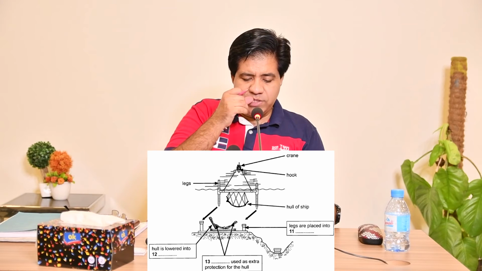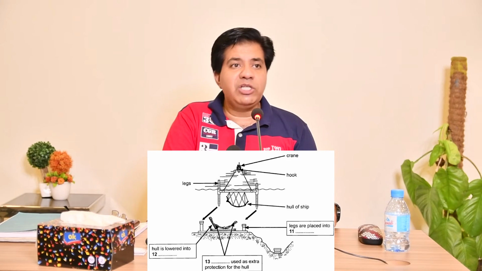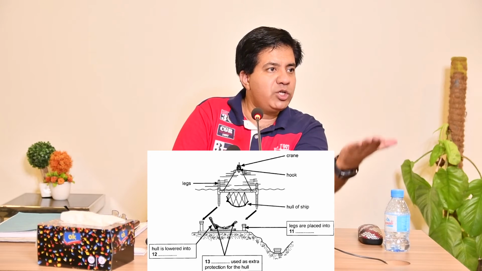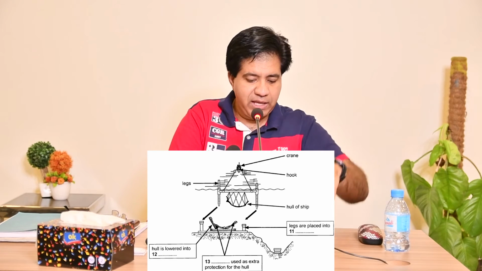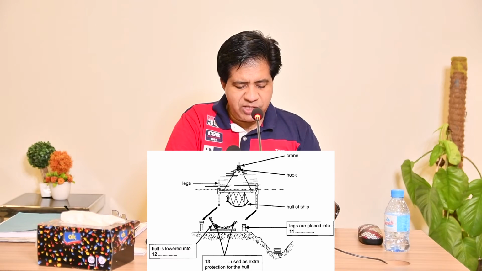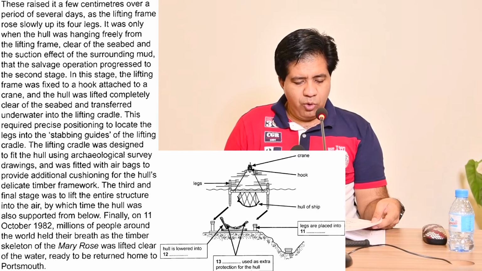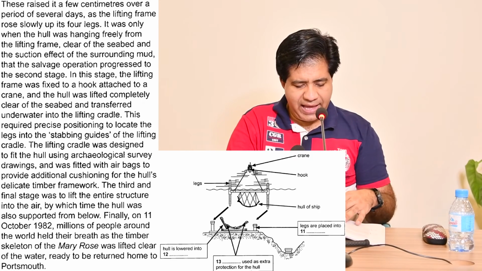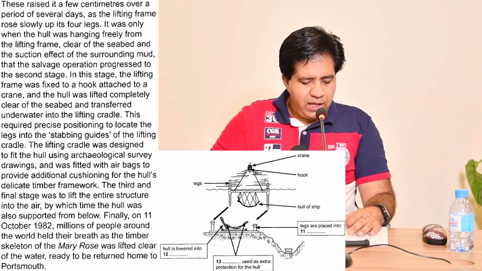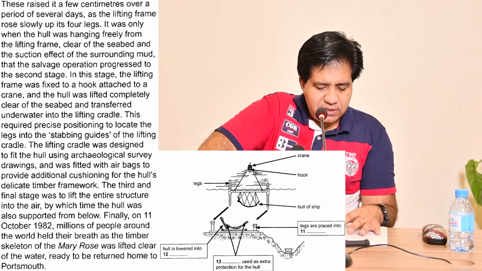Now please come to question number 11. Legs are placed into. किस चीज के ऊपर legs खड़ी हुई हैं? Legs are placed into. So focus the word placed and then legs. And it's after hull of ship. Hook, crane, hull of ship and all that. So what is the answer?